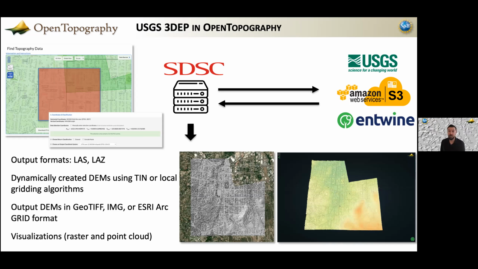These allow you to produce derivatives like DEMs, DTMs, and DSMs in various file formats, and to create visualizations, both raster and point cloud-based. So all the processing happens at OpenTopography in San Diego, but the data access is happening from this Amazon public data set resource.